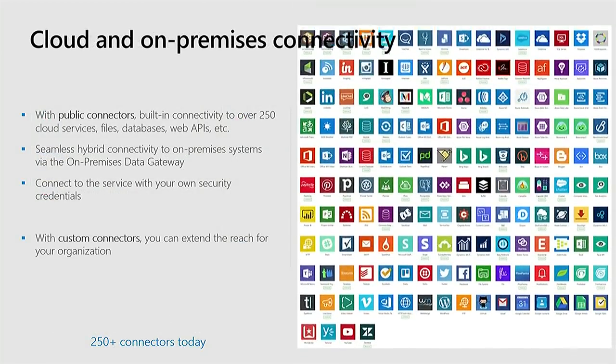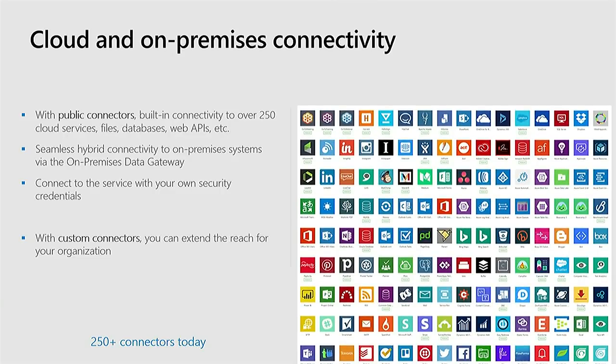So we have today about 250, and I think the latest number is over 270, by the way, connectors on the platform, which is easily one of the largest repositories for connectors in any Microsoft ecosystem today. These connectors provide connectivity to a bunch of data sources, whether on the cloud or on premises. And you connect with that securely through your own credentials.